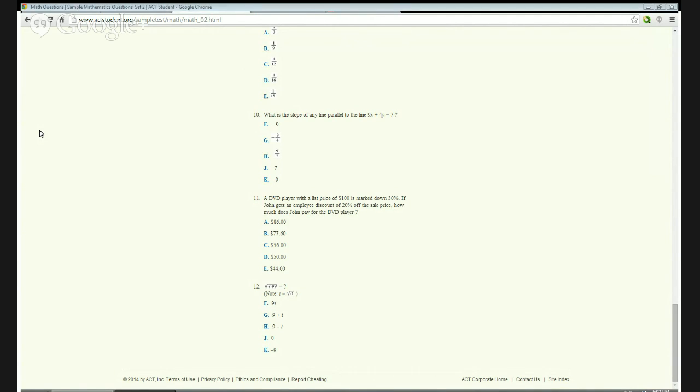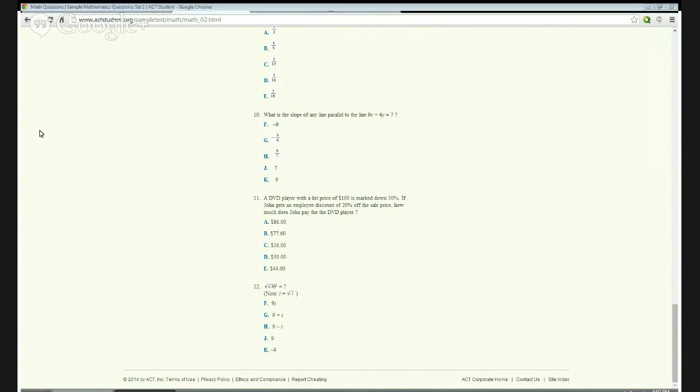And 12 just asks us, we have the square root of negative 9 squared. And they tell us i is the square root of negative 1. So what we're doing there is when we work that out, negative 9 squared is negative 81. So we'll pull that negative 1 out of the square root sign.